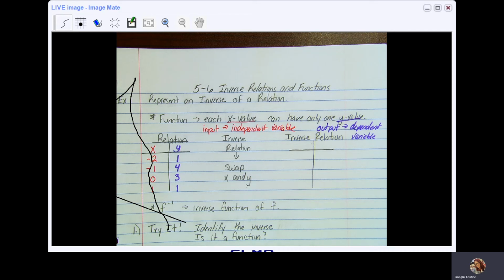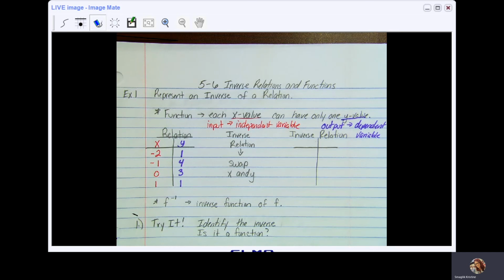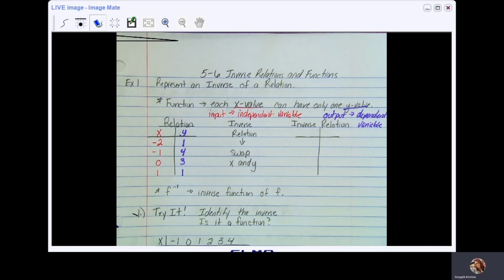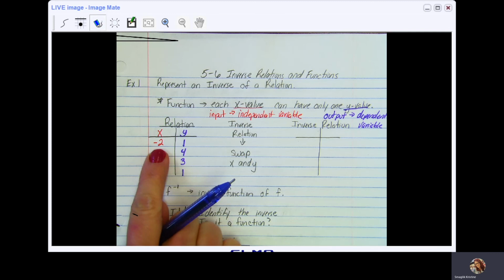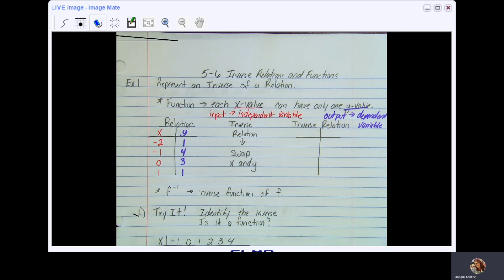So here's an example. We have a relation here. It's not necessarily a function. There's a relationship where we have ordered pairs. We have an x value, we have a y value, that creates an ordered pair.